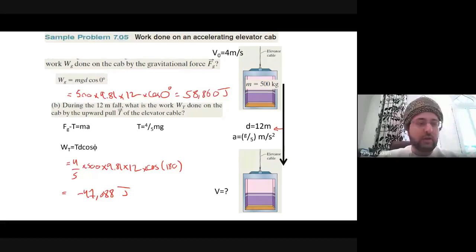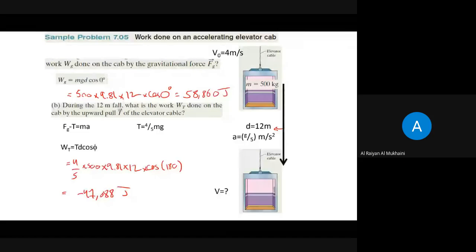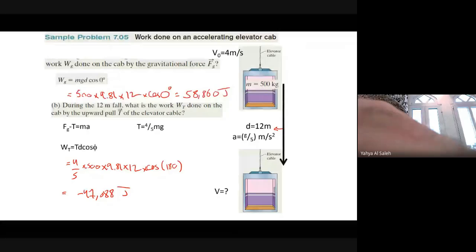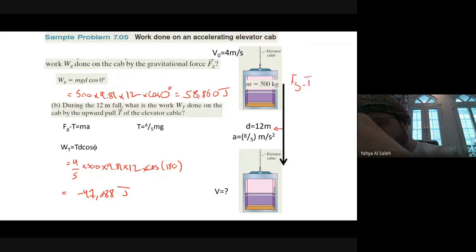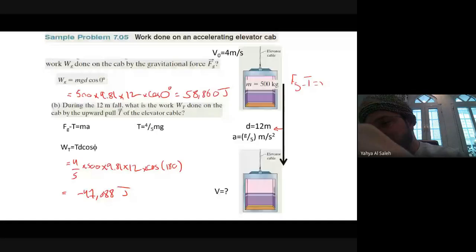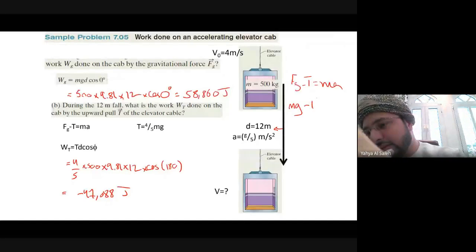Doctor, how do we get 4 over 5? Can you repeat again? Sure. So we know Fg minus T is equal to ma. We know Fg is simply mg minus T, m, and we are given a to be g over 5.